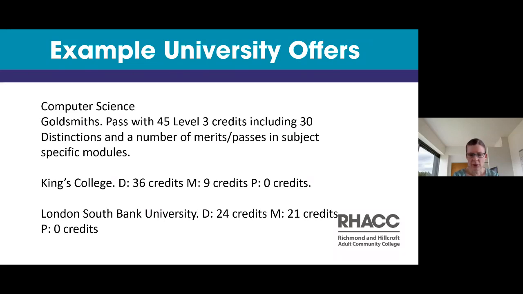King's College wanted 36 credits at distinction and 9 credits at merit, no passes. And London South Bank University wanted 24 credits at distinction, 21 credits at merit, and no passes. So you can see that different universities do have different requirements.